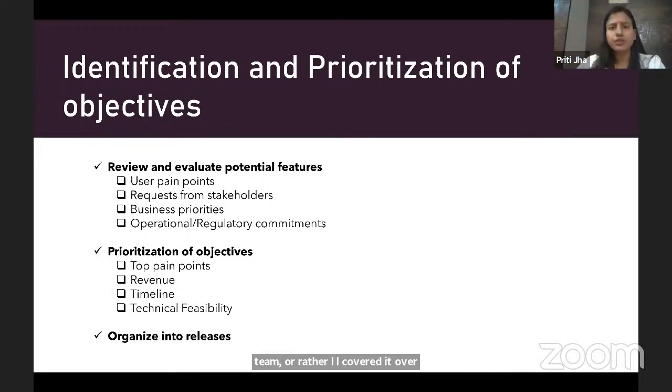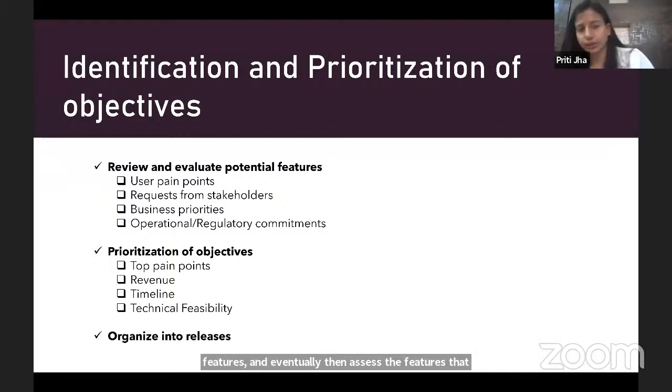There might be some people from the risk side or the regulatory side, and it is again subjective to the organizations that you're in. You're all going to gather and review all the potential features, and eventually assess them and put some of those in the roadmap.